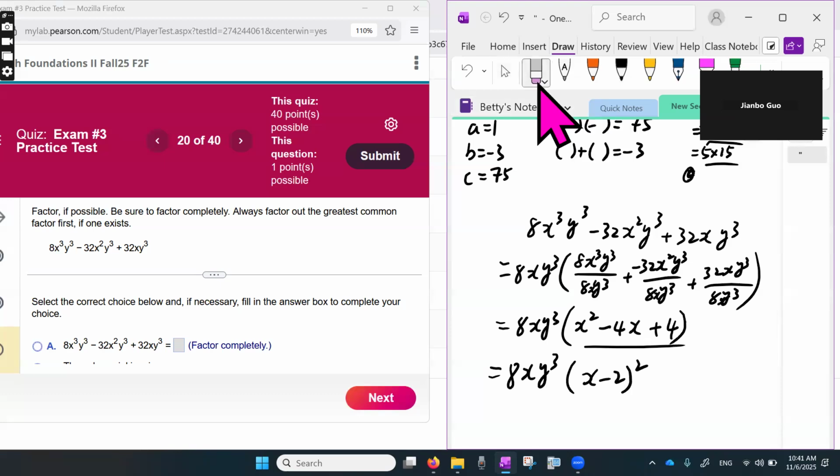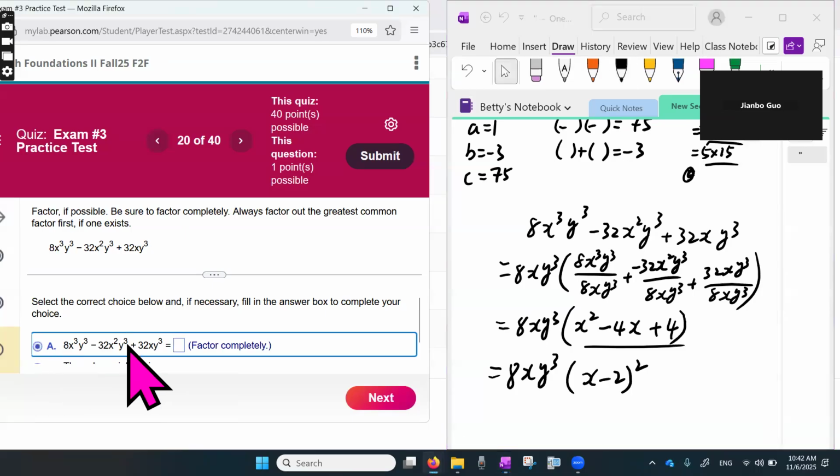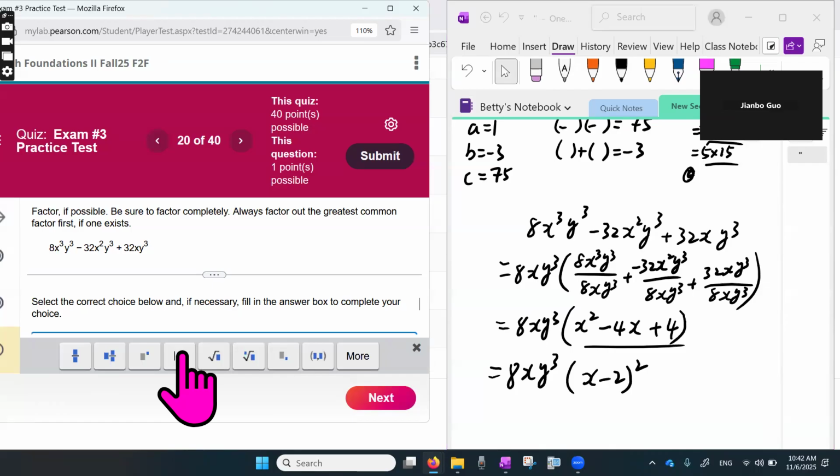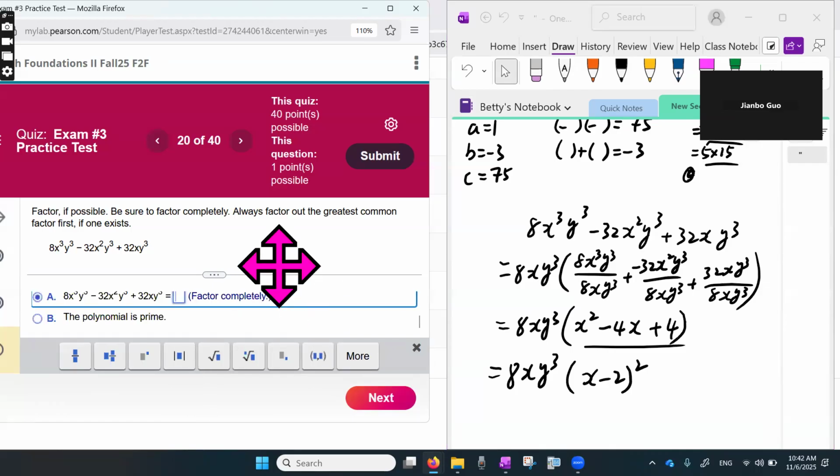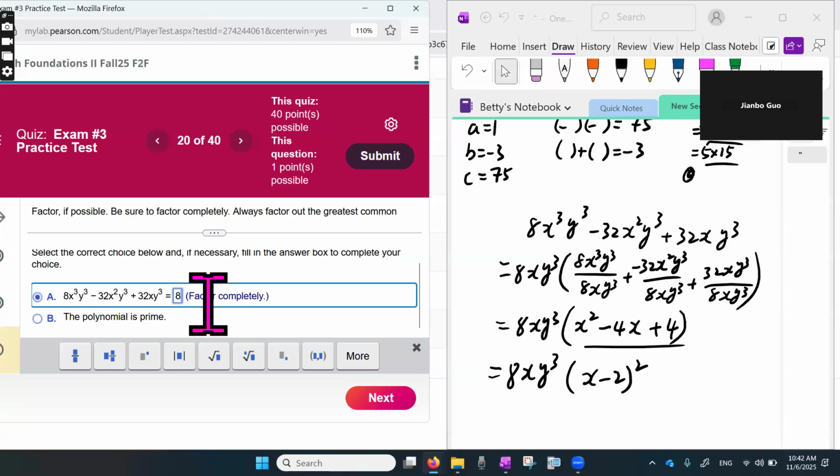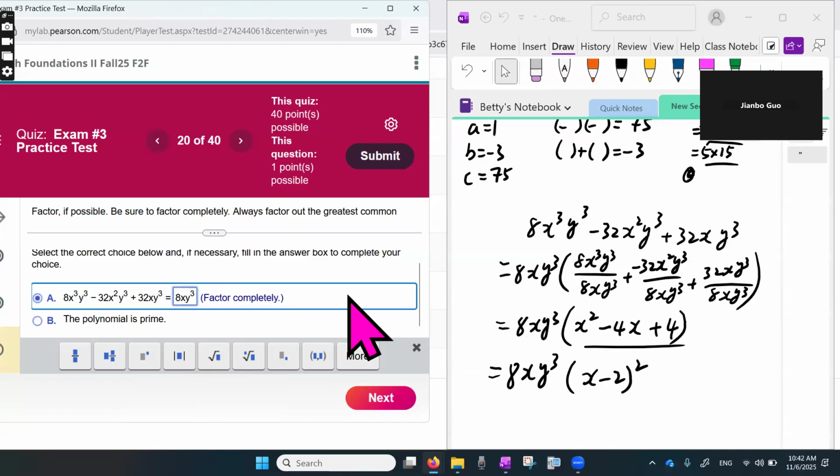So let me rewrite this part just to make sure you see it better. GCF is 8xy cubed, because they all have x in it. All right, so the answer is A. Factorization is 8xy cubed times parentheses to the power of 2.